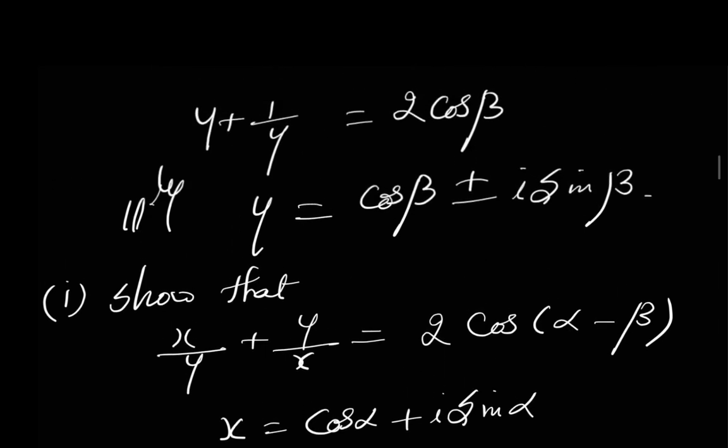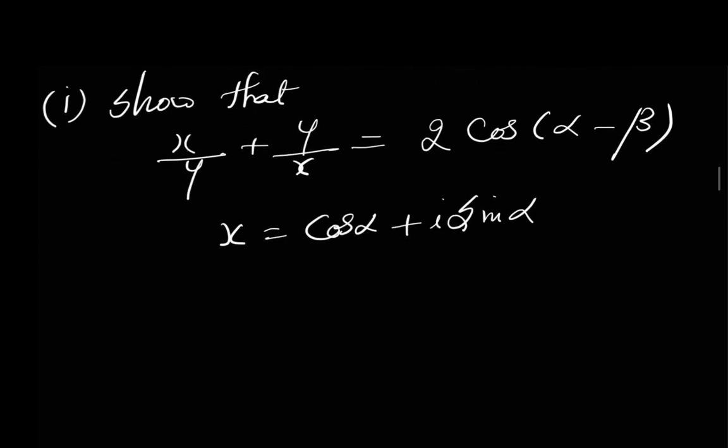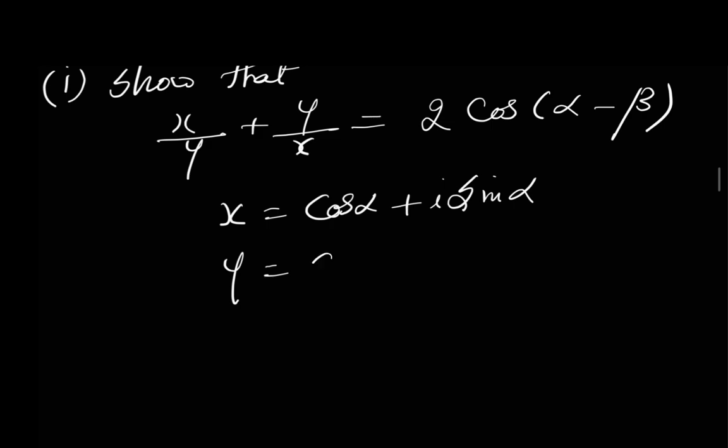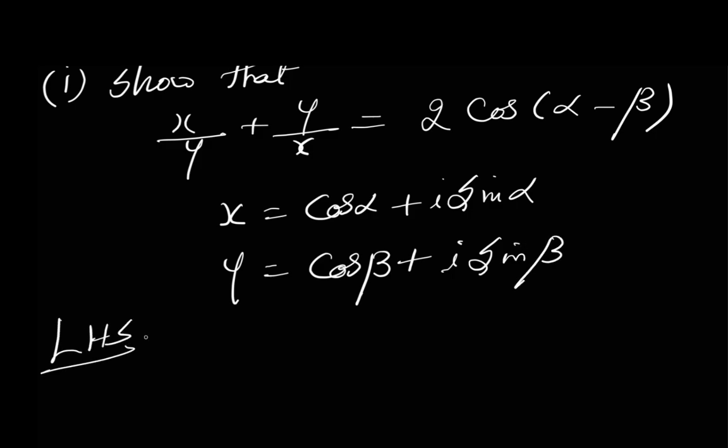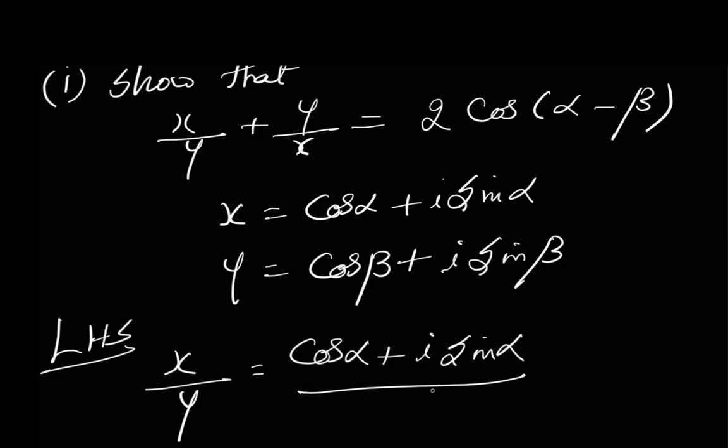And in the same way y also has two options, plus or minus. So you take here cos beta plus i sin beta. So take the left hand side terms, x by y. So x is cos alpha plus i sin alpha divided by cos beta plus i sin beta.